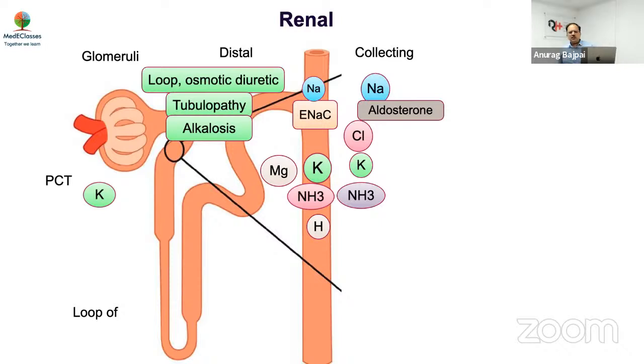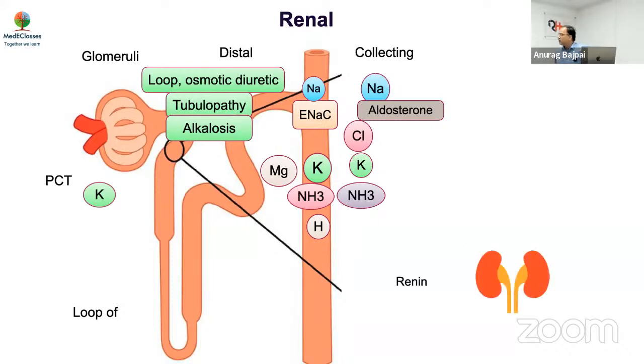Now we know that the major regulator of the epithelial sodium channel is aldosterone. The major role of aldosterone is to push the ENaC channel towards the membrane, and it increases the activity of the ENaC channel.